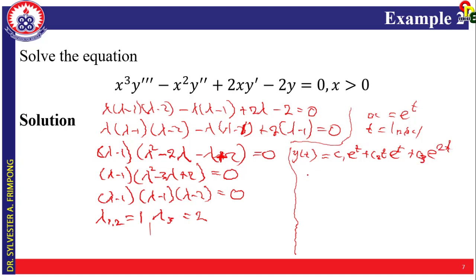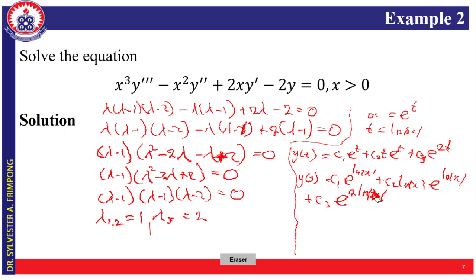And with this transformation, our y of x will now be c1 e raised to the power ln x plus c2 ln x e raised to the power ln x plus c3 e raised to the power 2 ln x. Sorry for the handwriting.